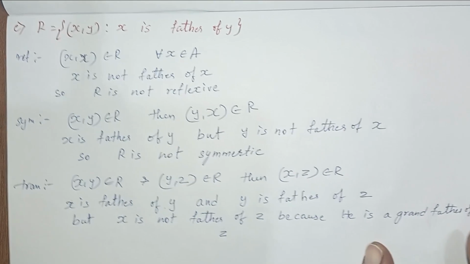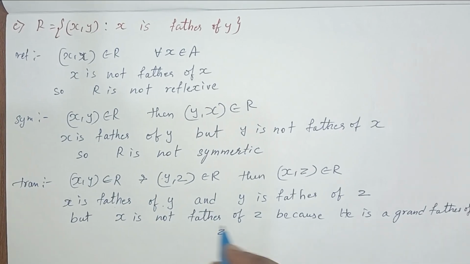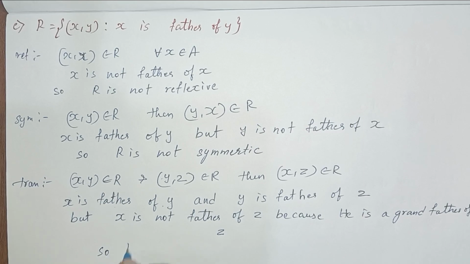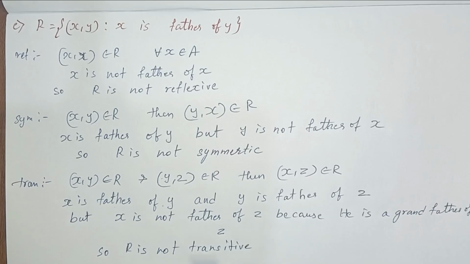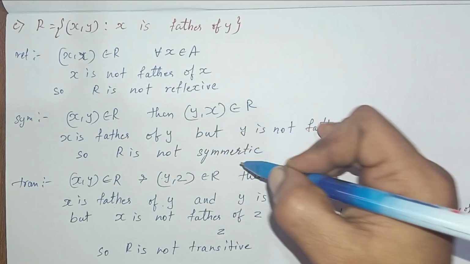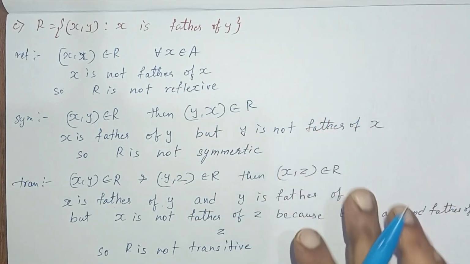So R is not transitive. So in this relation, it is not reflexive, nor symmetric, nor transitive.